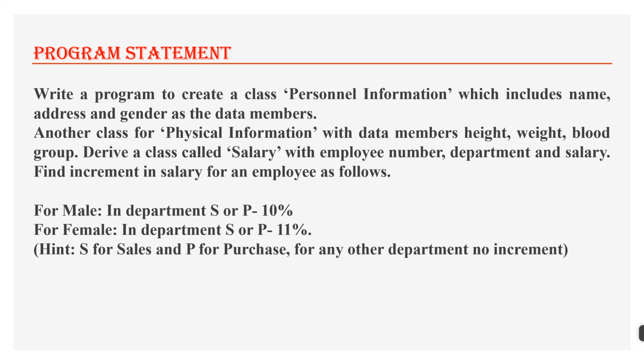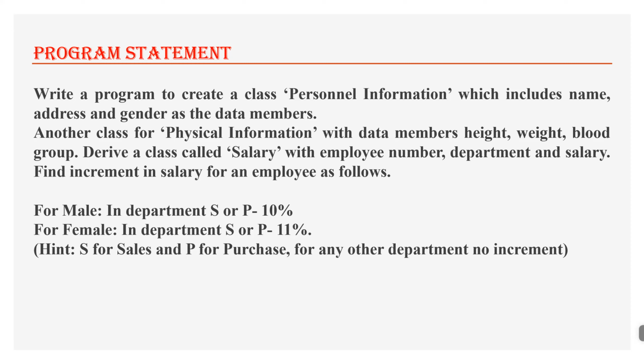Department is a property of the derived class. Male is a property of the base class, personal information, and department is a property of the derived class called salary. So if the department is sales or purchase, then 10% should be the increment.